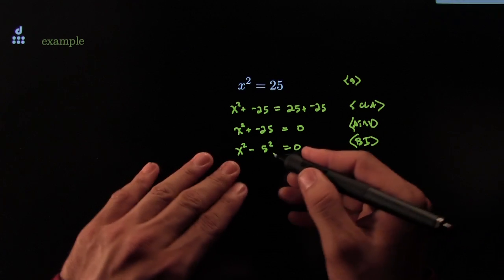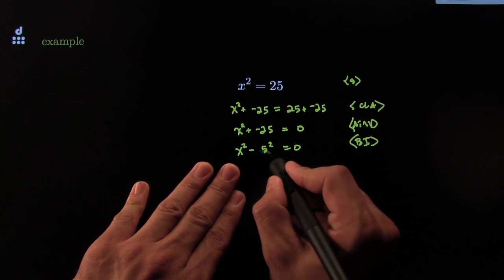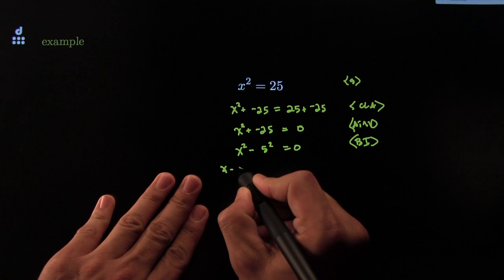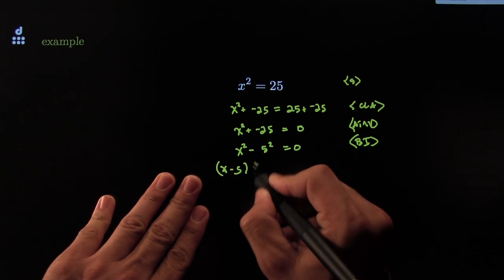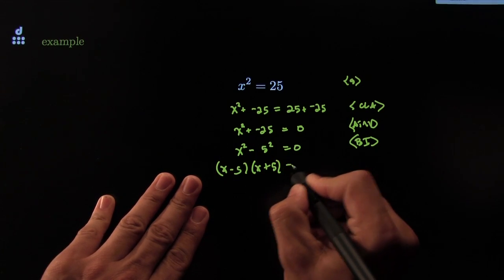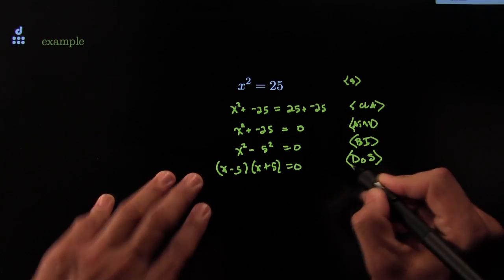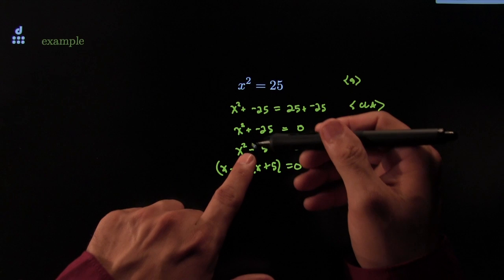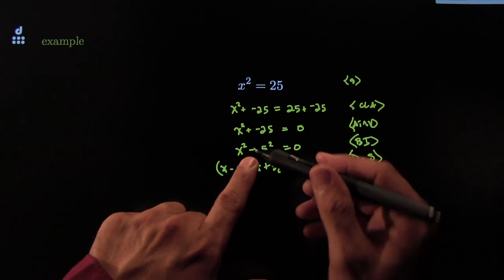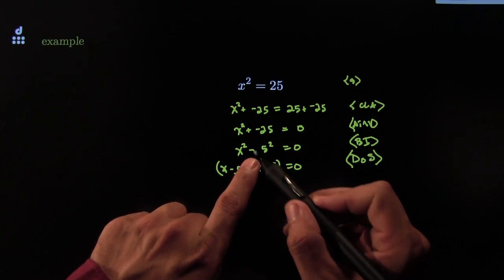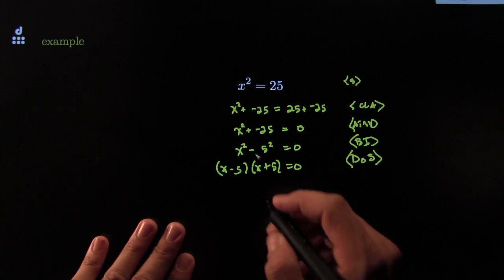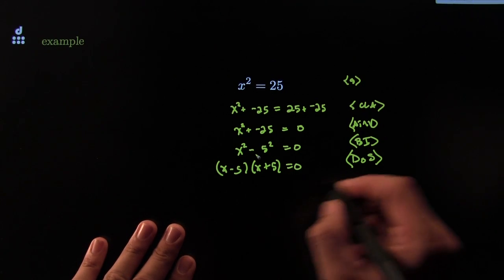Oh, we're experts at that. That's a famous polynomial called a difference of squares. And we all know how to factor it. It becomes x minus 5, x plus 5 is equal to 0. Difference of squares. In case you're rusty on that, you could also try splitting the middle term. I know there's no middle term, but you could place one in there, like 0x would be a legal one to place in there. We've done that in other videos.